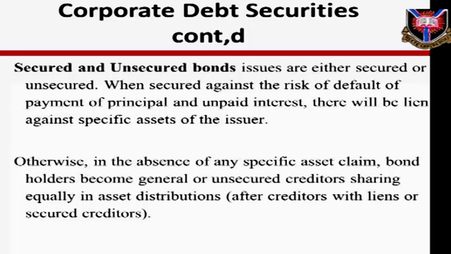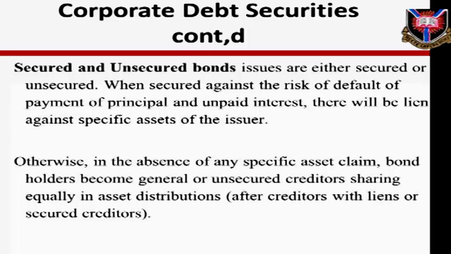This has the advantage of guaranteeing creditors with a specific lien to receive proceeds from the sales of those assets up to a limit of the debt and interest owed. Otherwise, in the absence of any specific asset claim, bondholders become general or unsecured creditors, sharing equally in asset distribution.